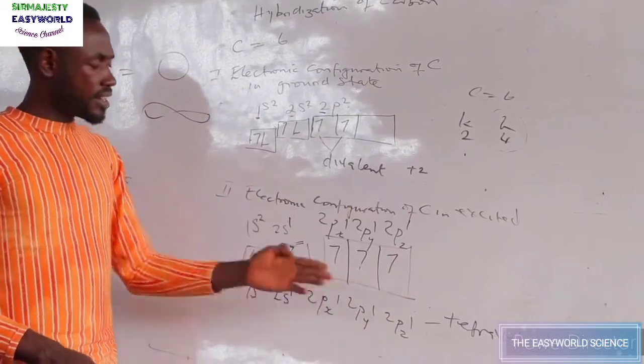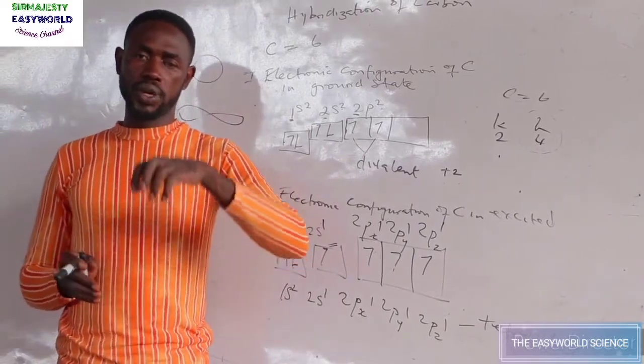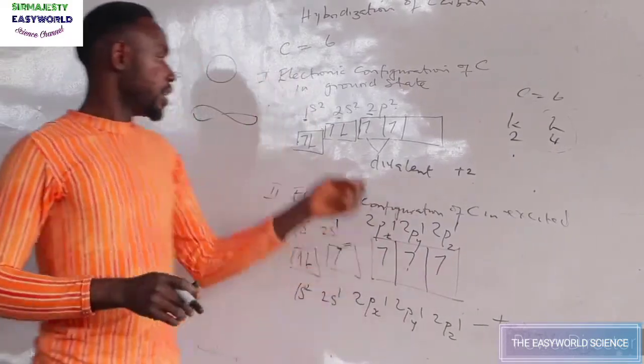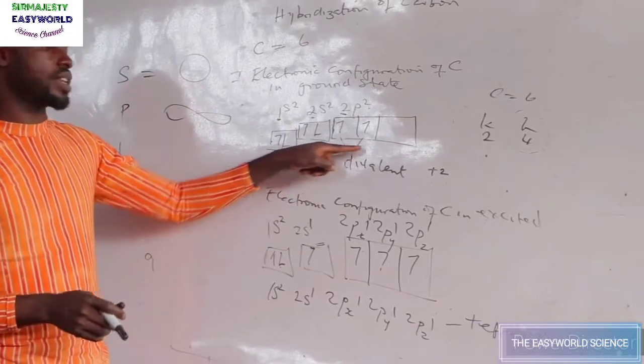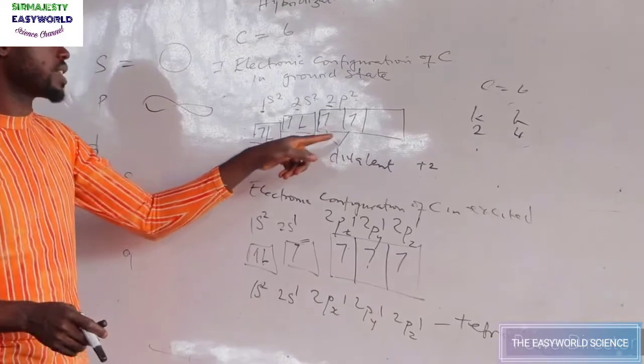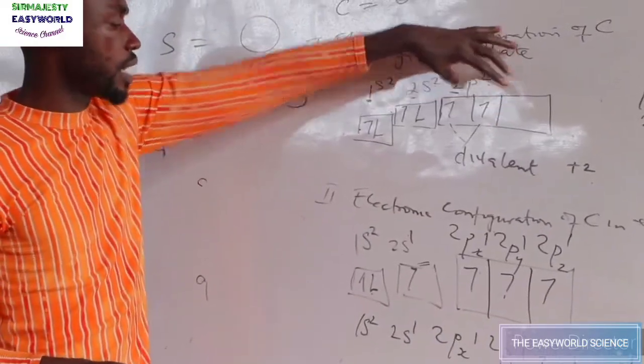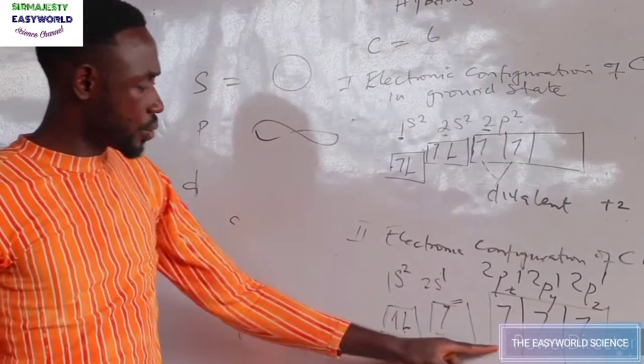as I drew before. Now, at this juncture, this is where you now understand why we need hybridization. Here, hybridization is not actually necessary among the p orbitals. Why? Because they are of the same shape. These orbitals are of the same shape, and they belong to the same energy level. So they have similar shape and similar energy. But watch these, 1, 2, 3, 4.